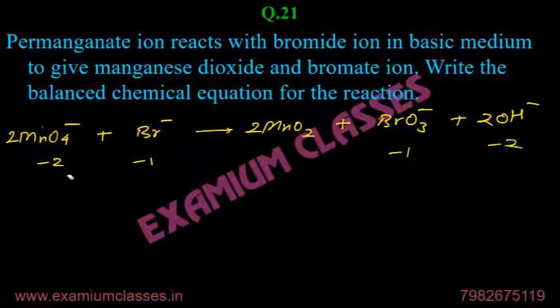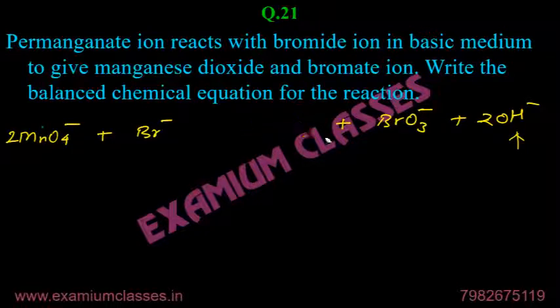On both sides, we have -3. We balance the charges. Now, once we have balanced the charges, we need to balance the hydrogen. So we have 2H here. It means we have to add one H2O on the left hand side to balance these 2H.